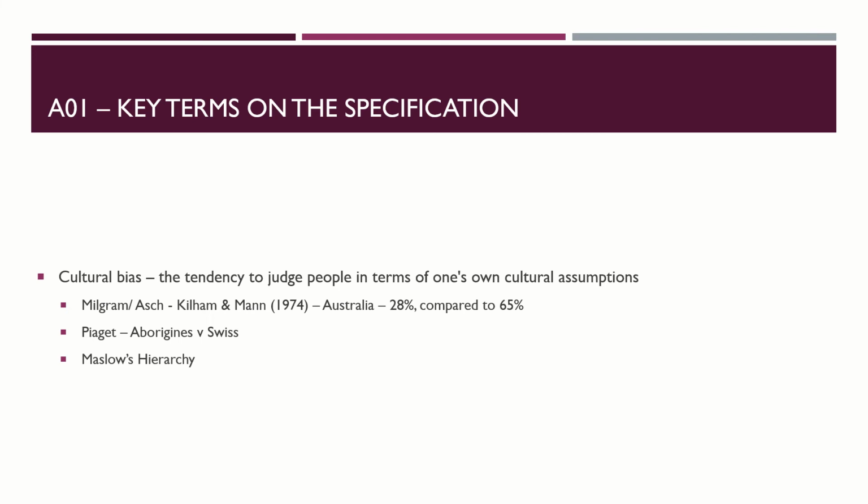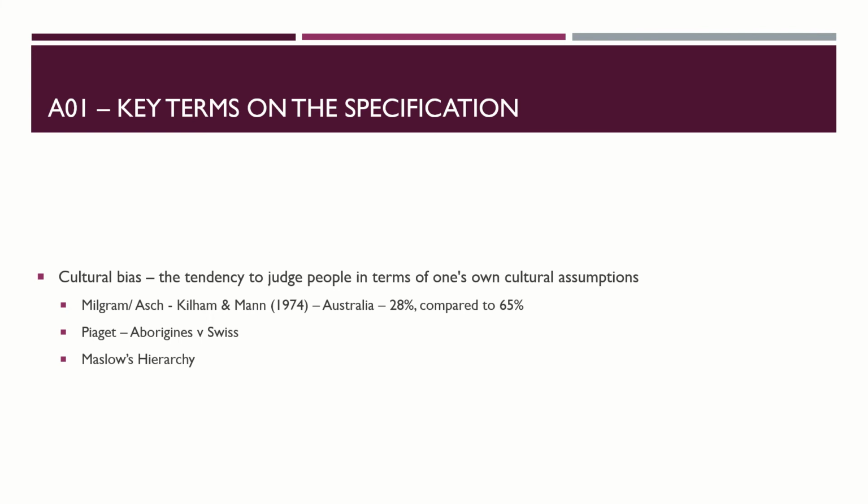So again, people based in Australia, and he found that the ability to conserve came much later in Aboriginal children, between the ages of 10 and 13 rather than the ages of 5 to 7 as suggested by Piaget. So that suggests that Piaget's stages are culturally biased and not universal, because they can't be applied effectively.